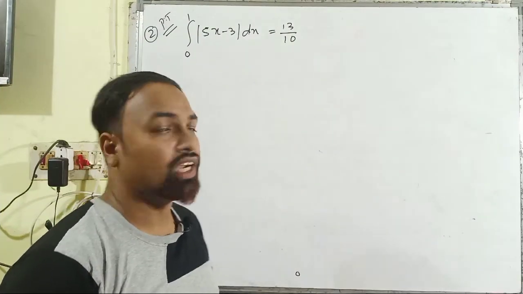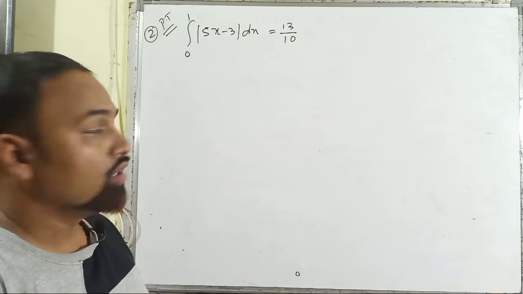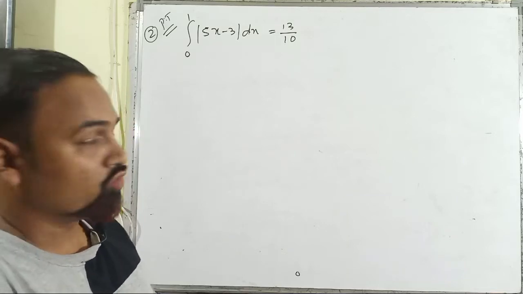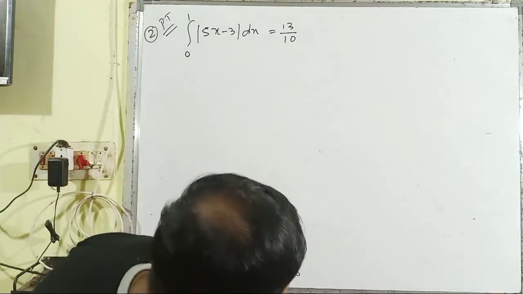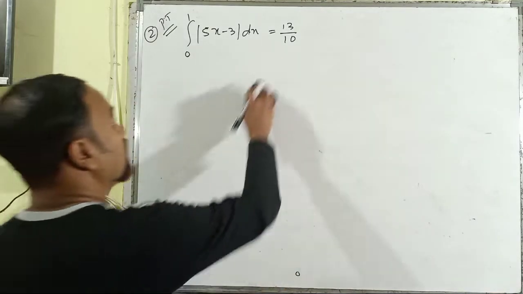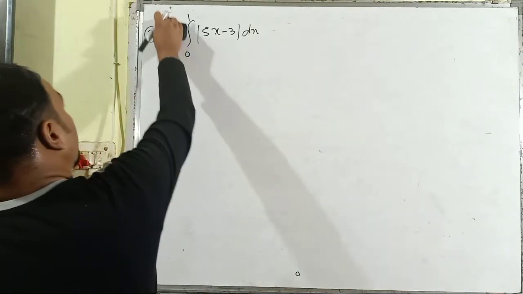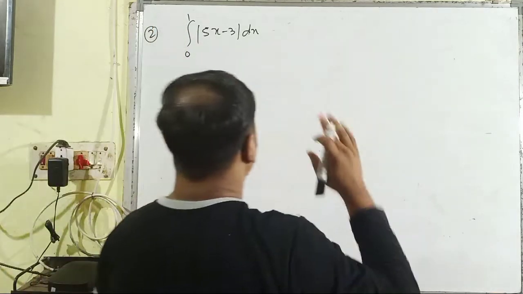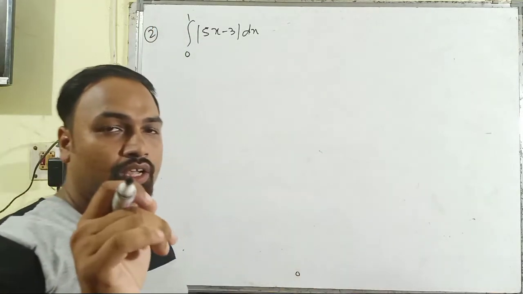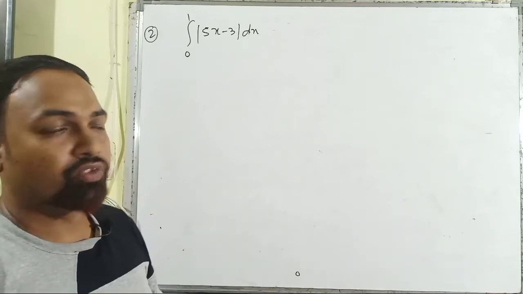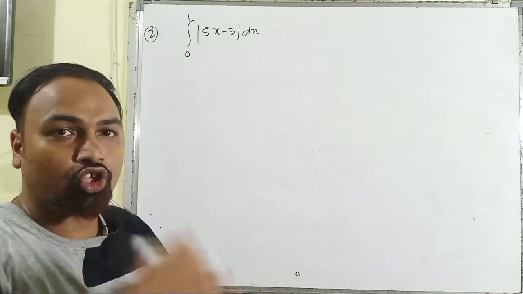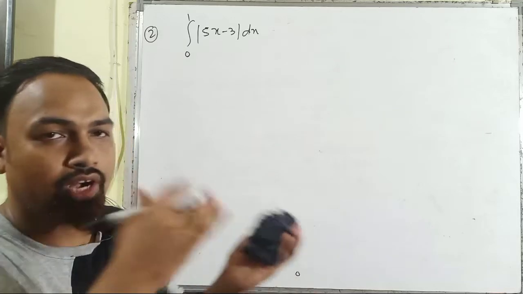So here is the second problem based upon the definite integral of modulus functions. Let us solve it, and we have to prove that the value will be equal to 13 by 10. First of all, we have to find the point at which the behavior of the function changes after crossing that point from left to right or right to left.